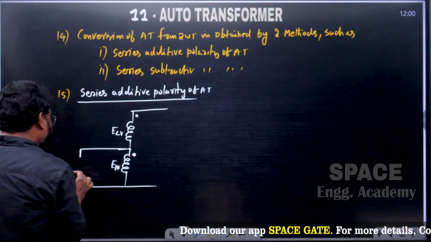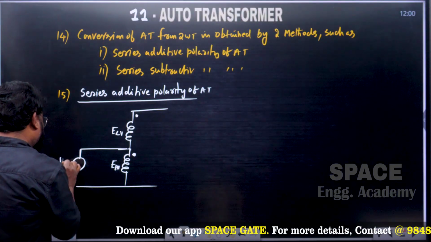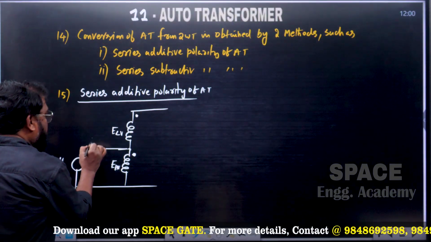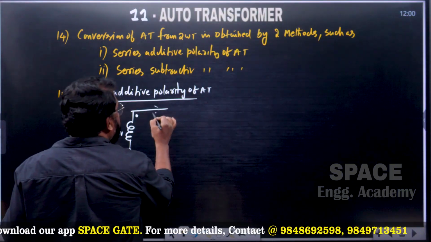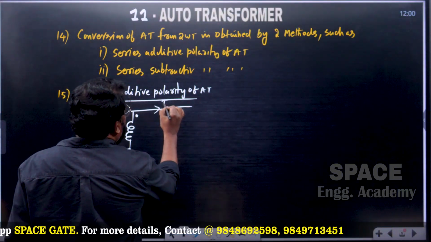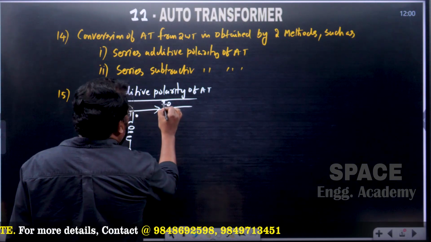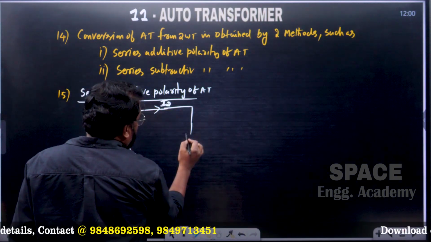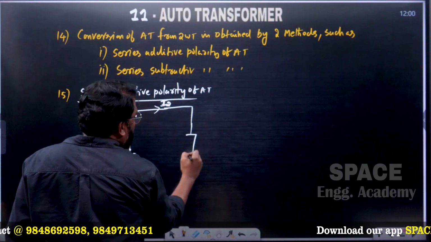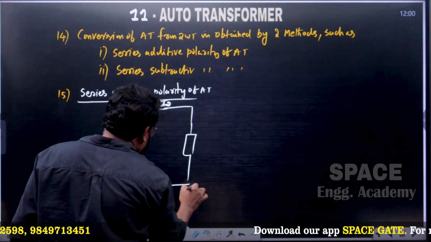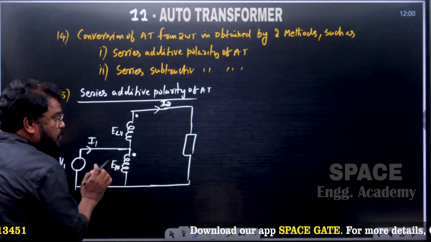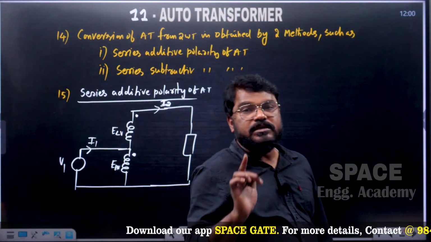From the connection point of view, suppose the applied voltage is V1 and the current in the auto transformer is I1. This current you can call I2, and this is the load terminal voltage. This type of polarity connection is known as series additive polarity.